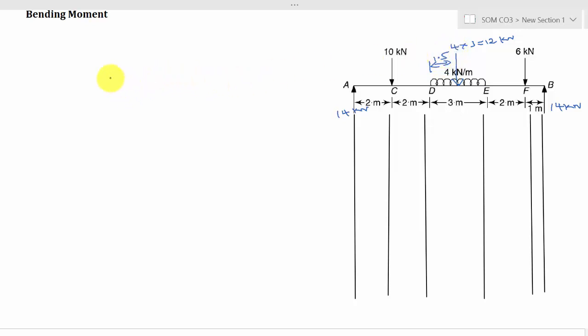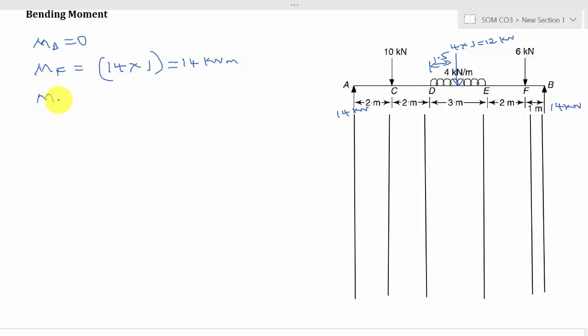Okay, so we'll calculate the bending moment from B, that is MB is equal to 0 because no force is acting at the right side. Then MF is equal to, this reaction force is acting, so the magnitude is 14 and this distance is 1 meter. Since it is acting in the counterclockwise direction, it is considered as positive. So this is 14 kilonewton meter.